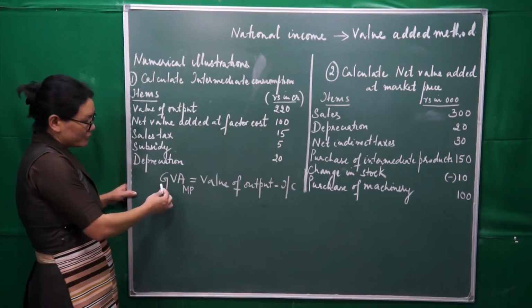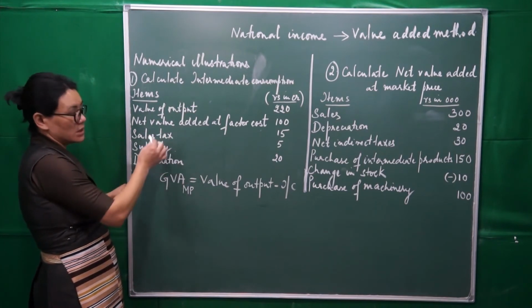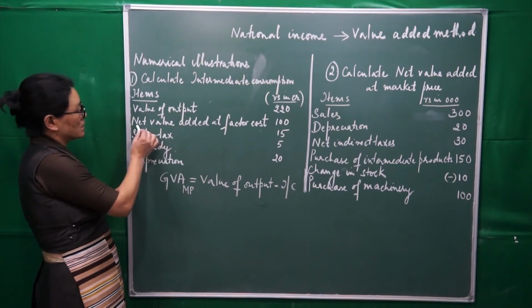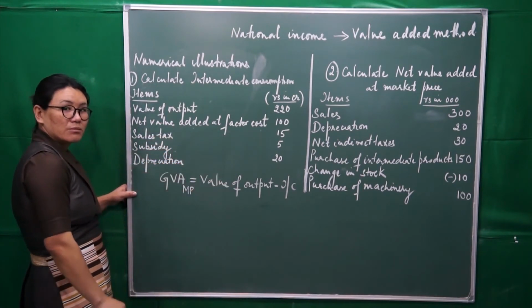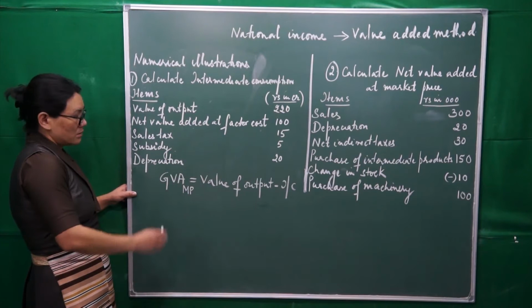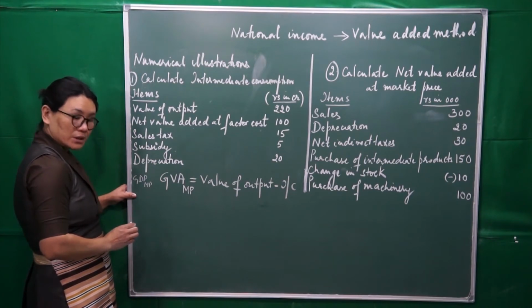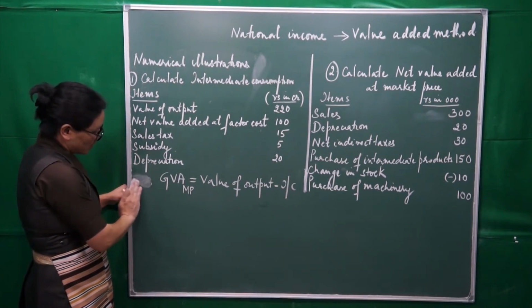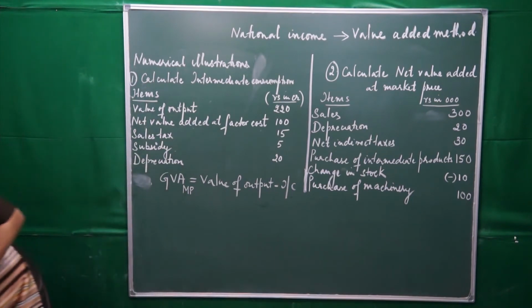So why have I written here gross value added at market price? Because in this problem, what is given is net value added at factor cost. We can even make use of GDP at market price, right? So I'm using this one here.